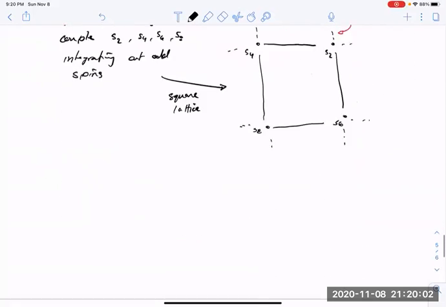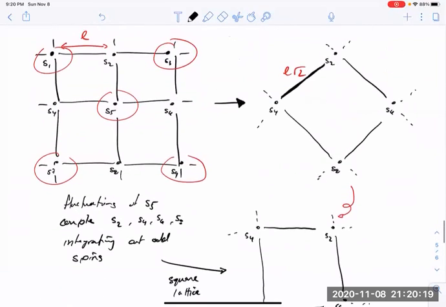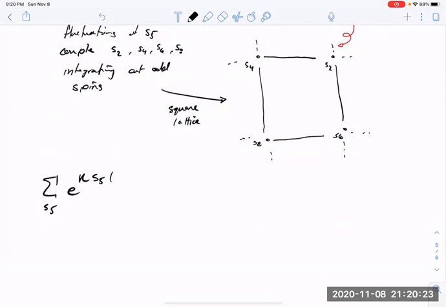Okay, that's the picture. What about the math? So we have some sum over S5. Let's think about the consequences of S5. We originally have e to the k, S5 interacted with 2, 4, 6, and 8. So I have S2 plus S4 plus S6 plus S8.